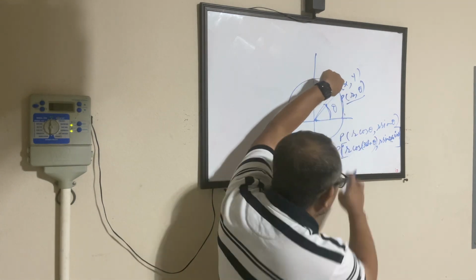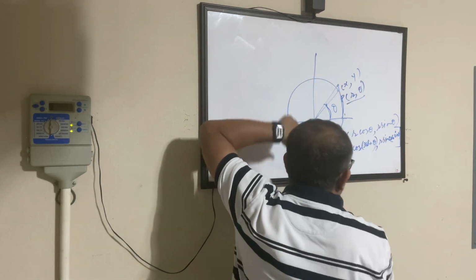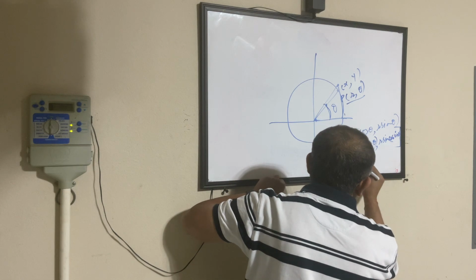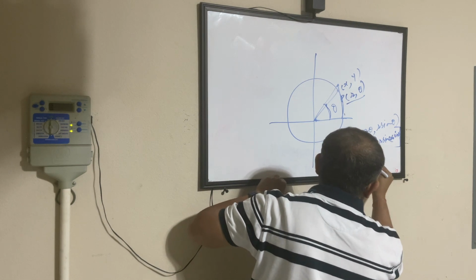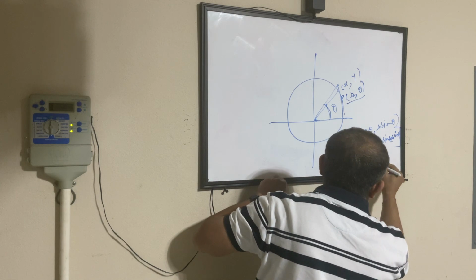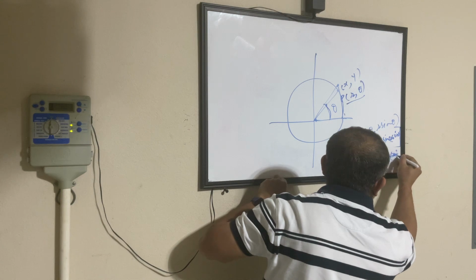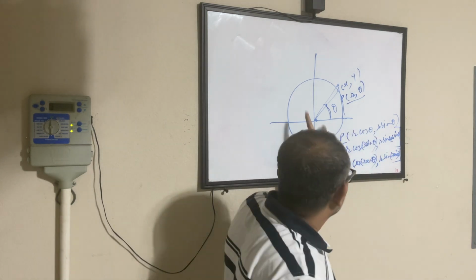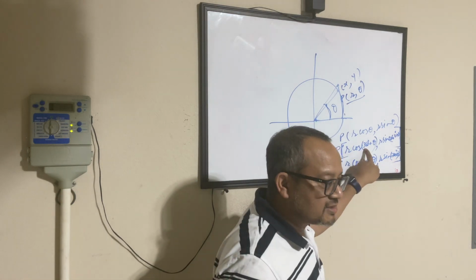Same point I have two polar coordinates, and I can keep on completing circles after circles, and I will have r cos 720 plus theta, r sin 720 plus theta. And I can keep on doing circles after circles, and every time I can keep on increasing by 360 degrees.